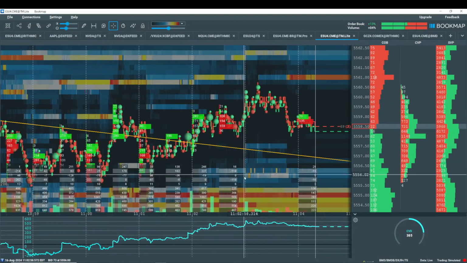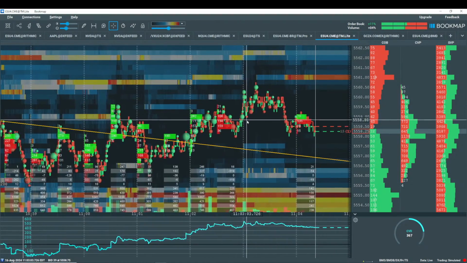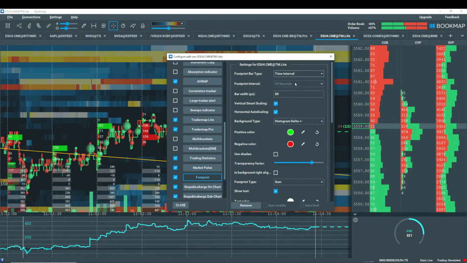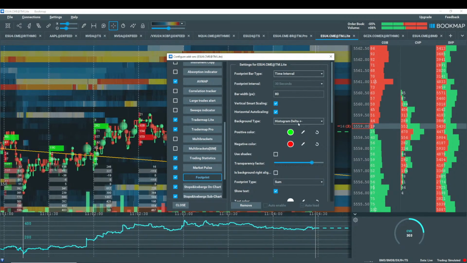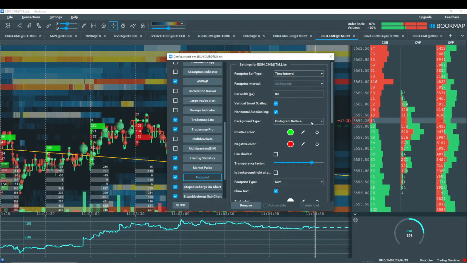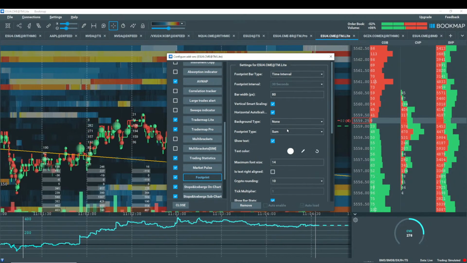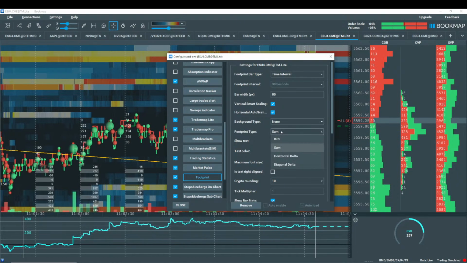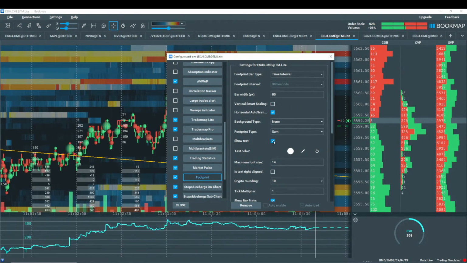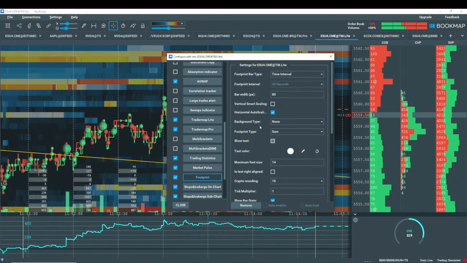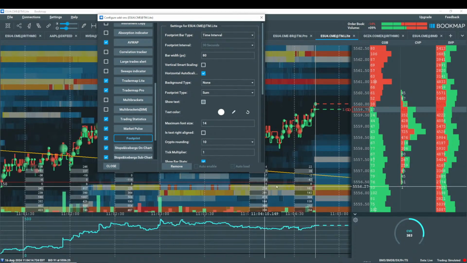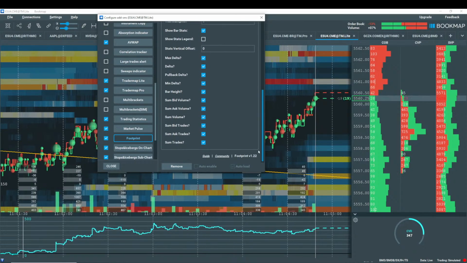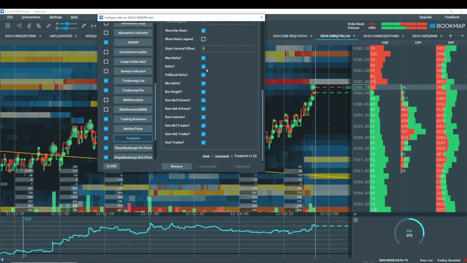All right, guys. Anyway, now you can see my footprint chart in here, and you can see the bars. I've got it configured as histogram with delta. I'm actually going to select none. And also the footprint type here is the summation. I'm actually going to not show the text here. Now I have all of these numbers down here, and they're all checked, so I'm going to come in here and deselect them.